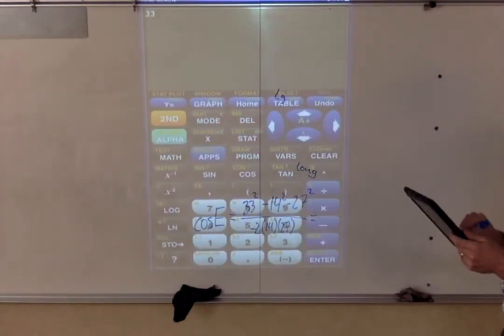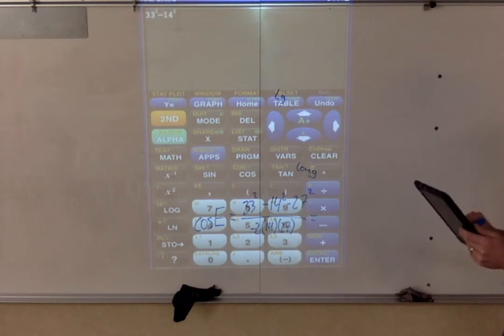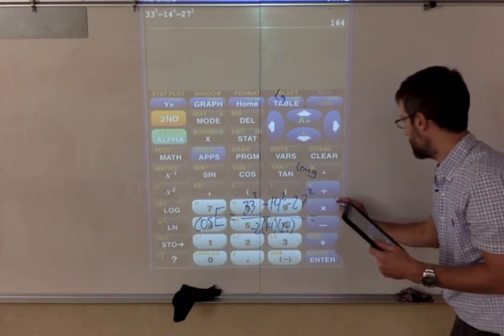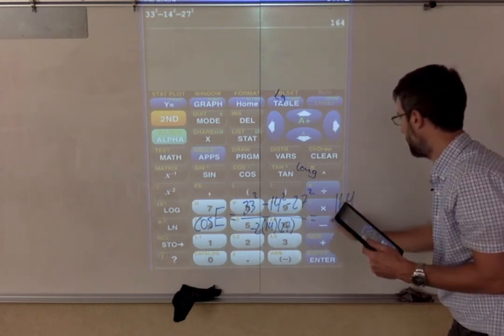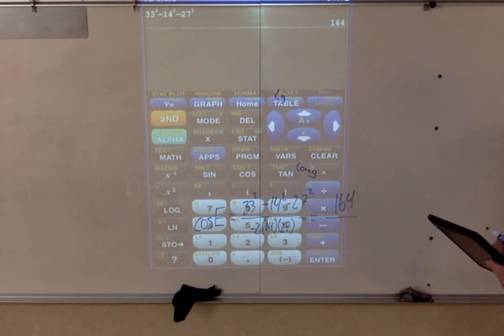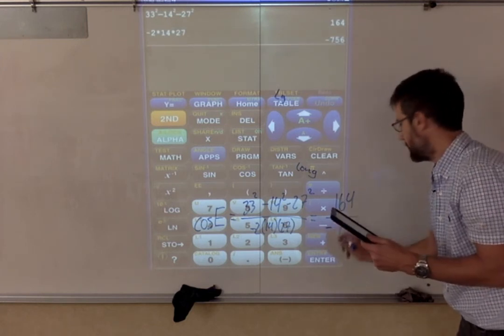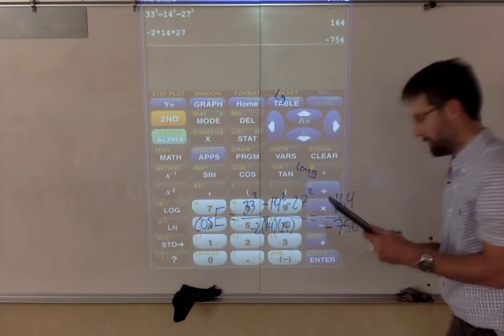So 33 squared minus 14 squared minus 27 squared is positive 164. And then the bottom, negative 2 times 14 times 27 is negative 756.